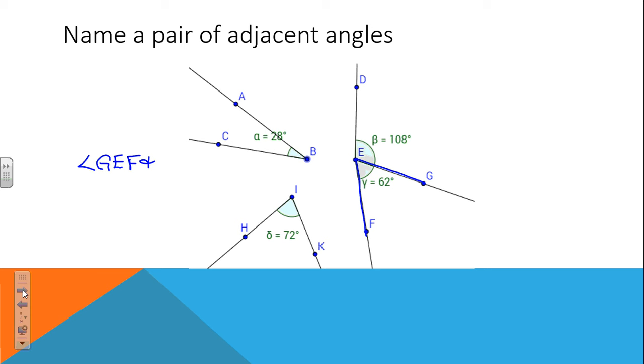You can do it. What are we going to name this one? It's okay. We started with GEF, right? Which you have. So now we want, they have a common side. So that side is G, right? Good.